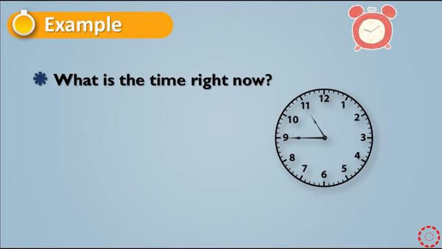And also it is on the left side, so we have to use to. And the short one is on the number 11, so we have to say it's a quarter to 11. A quarter to 11, because it's on the left side.